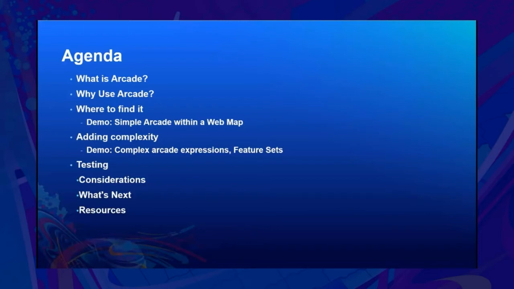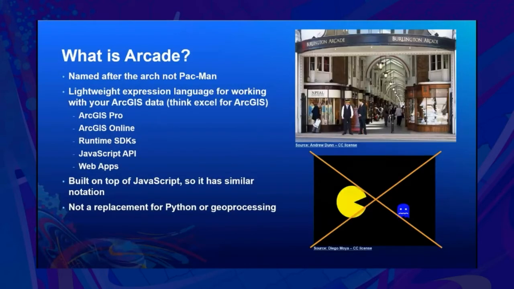And then finally, we're going to give you a brief overview on testing and performance considerations, and then touch really quick on what's next and leave you with a few places to go looking for resources and help should you need it. So let's talk about what Arcade is.